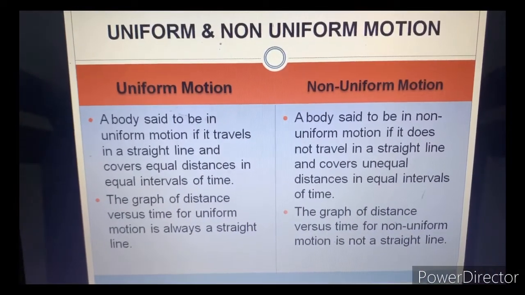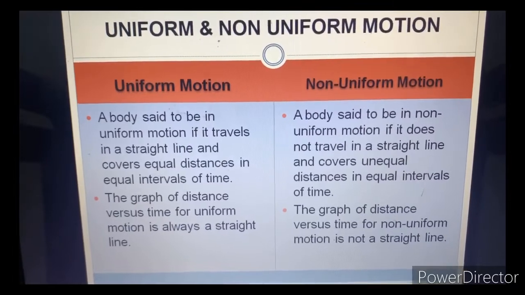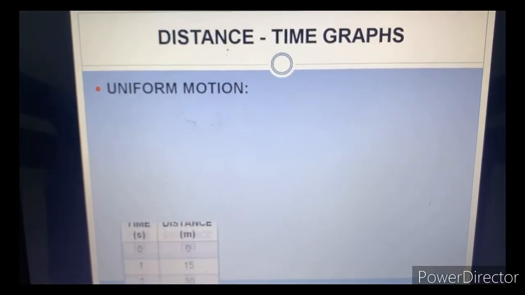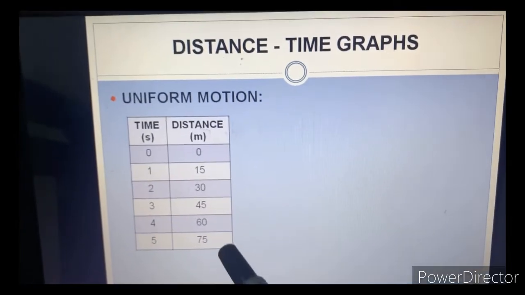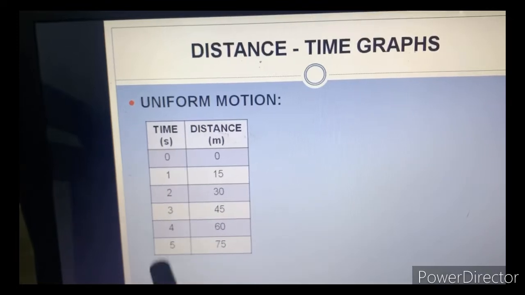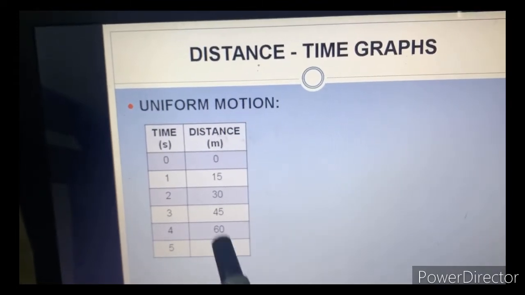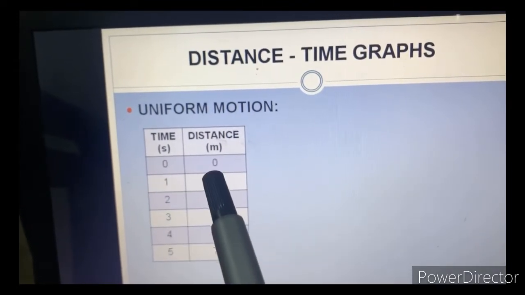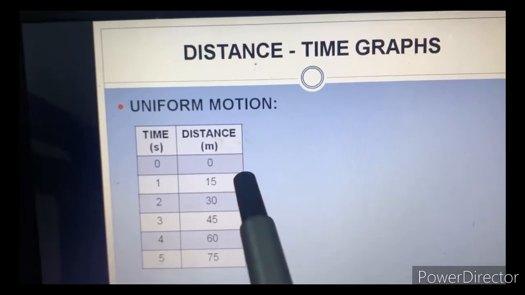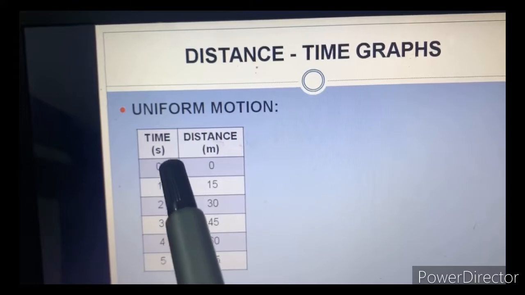First I will tell you about uniform motion. Suppose this is the data through which I have to draw a graph. We have time in one column and distance in another column. At 0, the distance is 0. It means the car or object has not started, it is at rest.